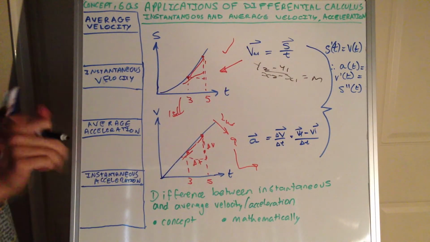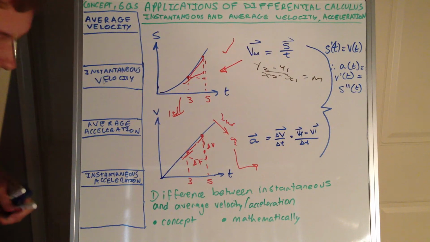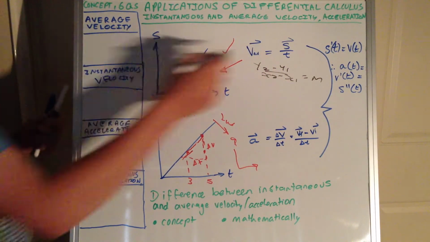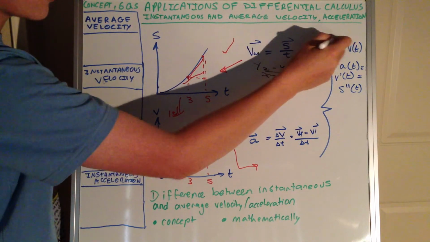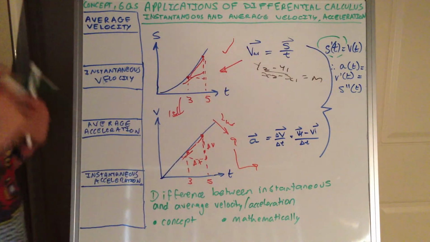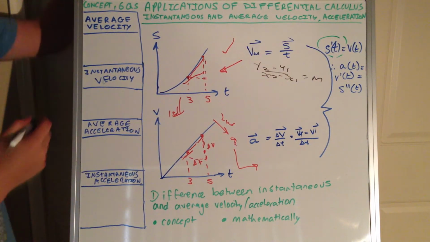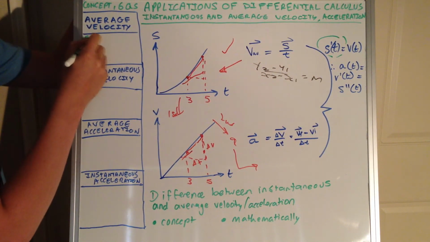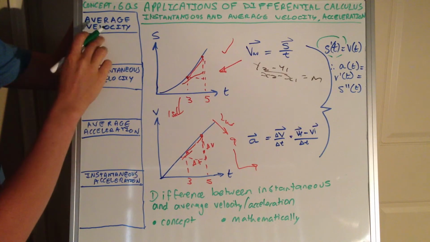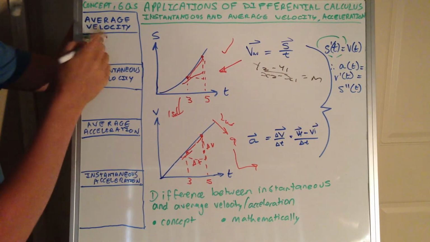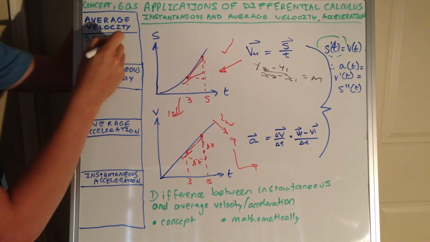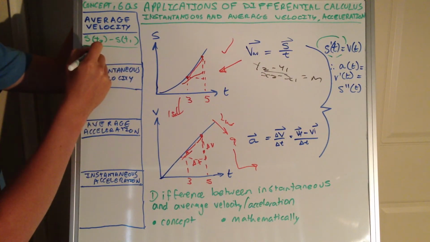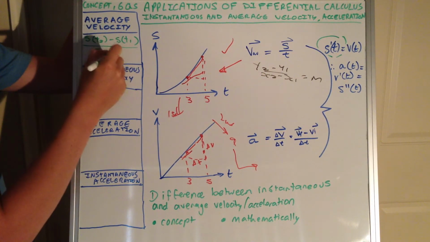That's essentially what we're doing here, except the notation will look a little different, because of course we're working with an actual function of s(t) here, the displacement function. So what we have is s of t2, take s of t1, all over t2 take t1.